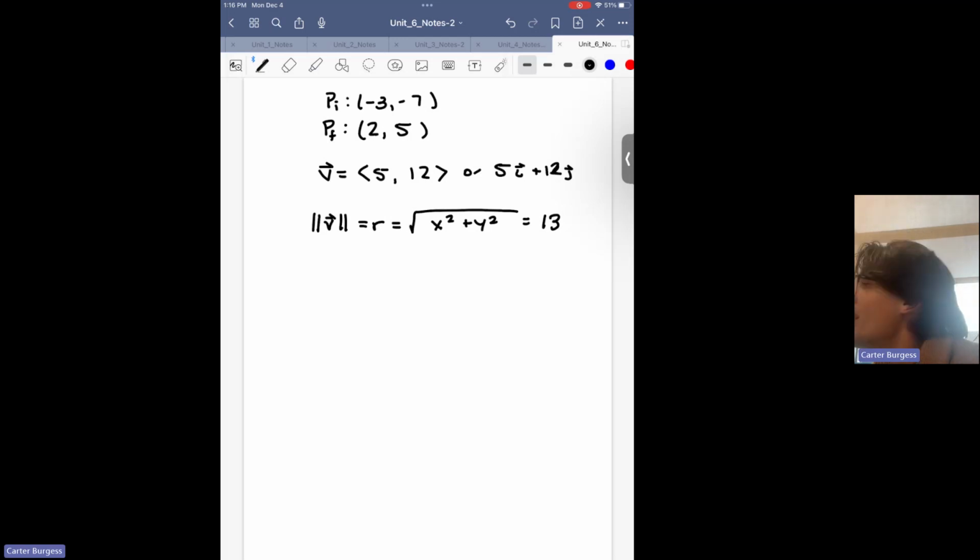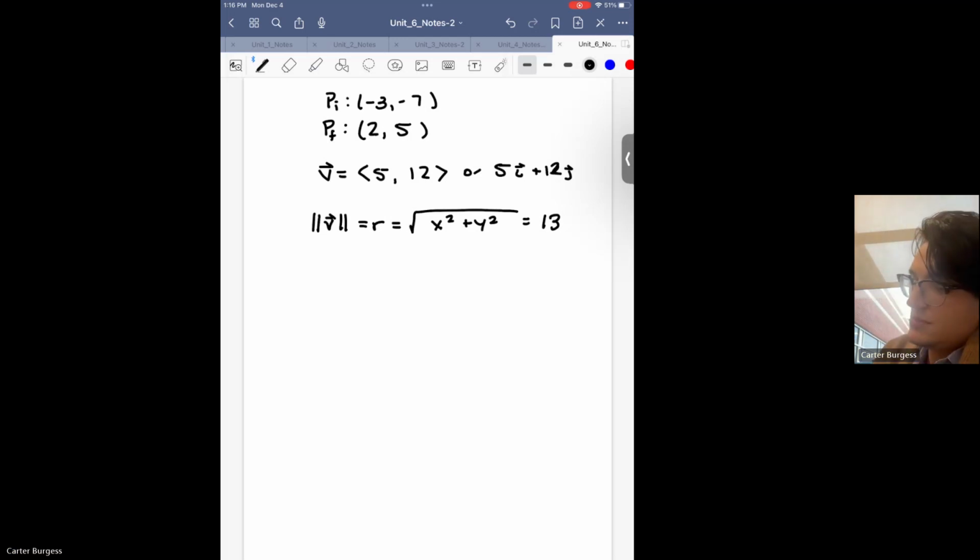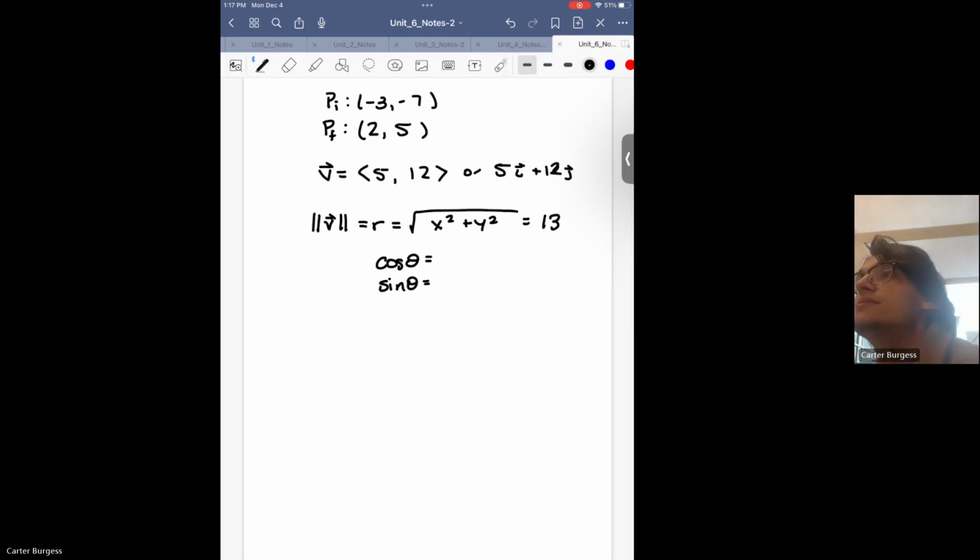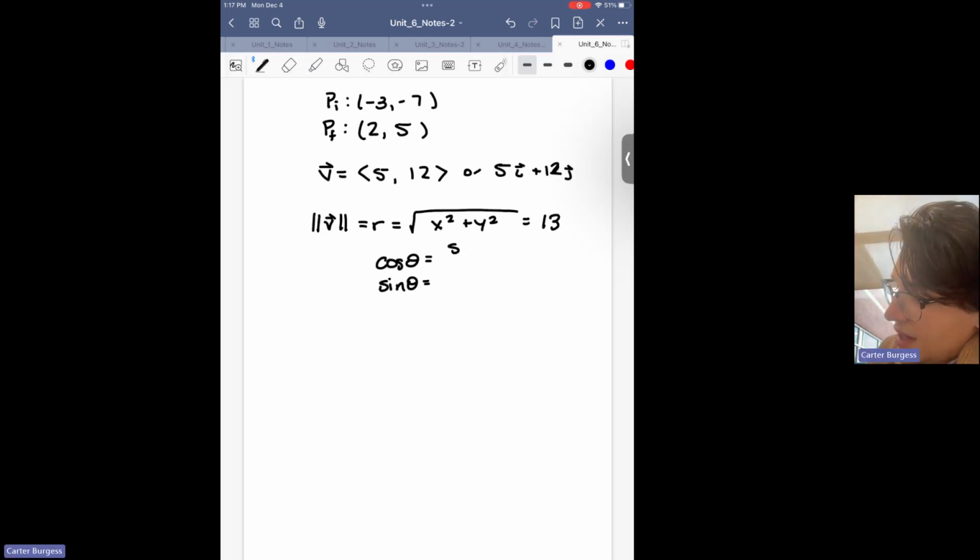All right, what equations does that allow me to set up in order to find theta? Yeah, cosine of theta is x over r, or 5 over 13, and sine of theta is 12 over 13.